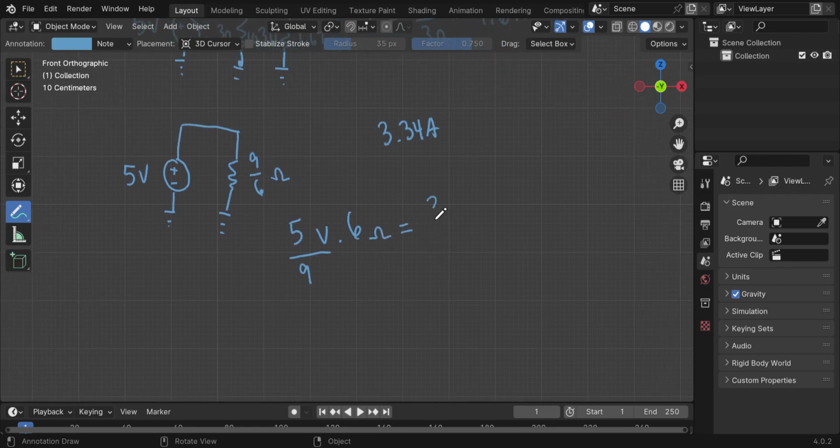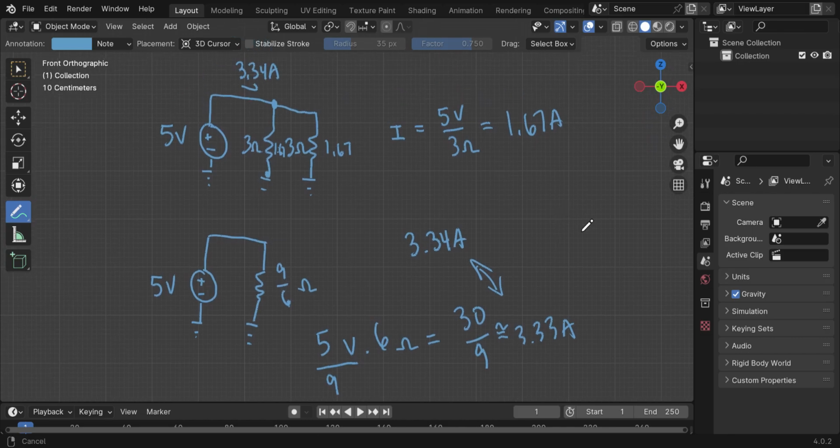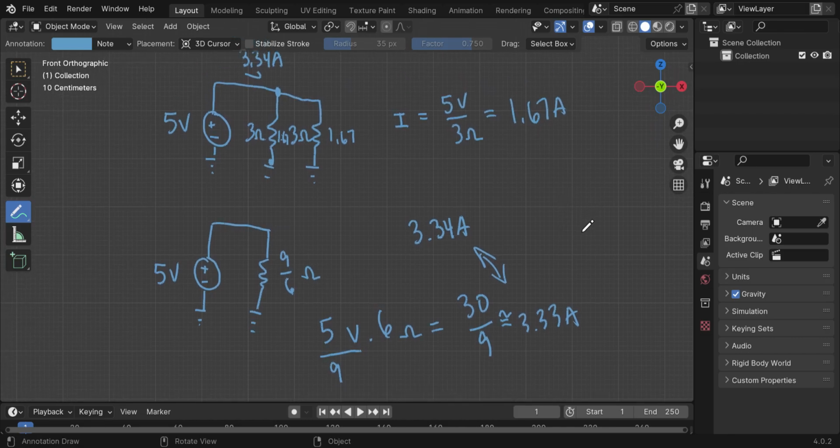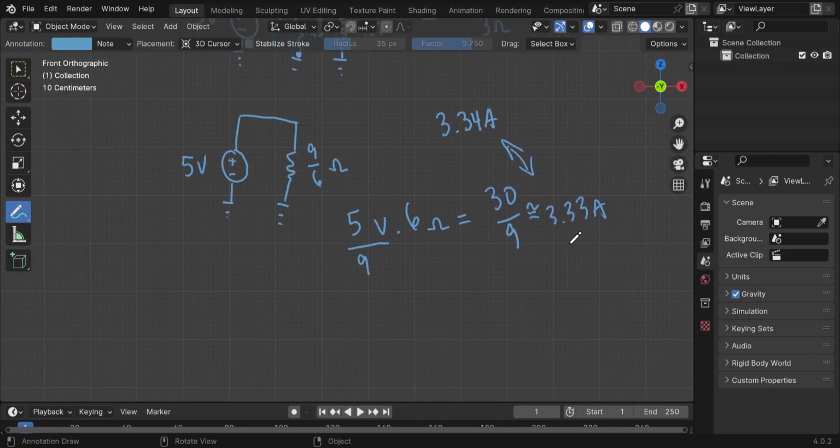You'd get 30 divided by 9, which is roughly equal to 3.33 amps, which is basically the same. It's just a rounding error. But yeah, that's how you create an equivalent circuit.